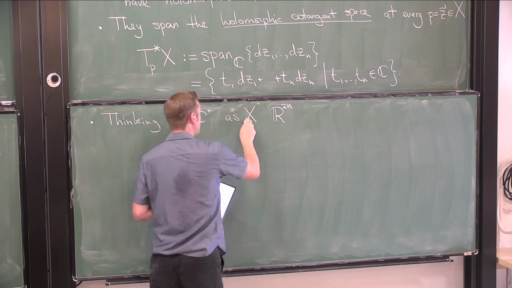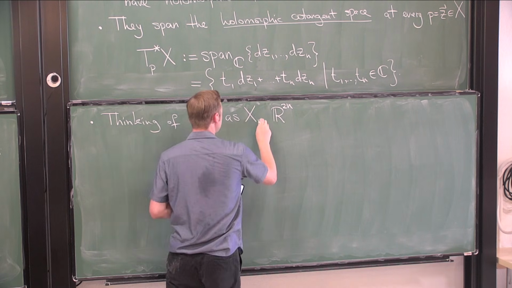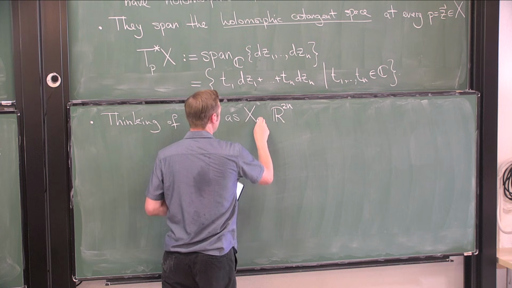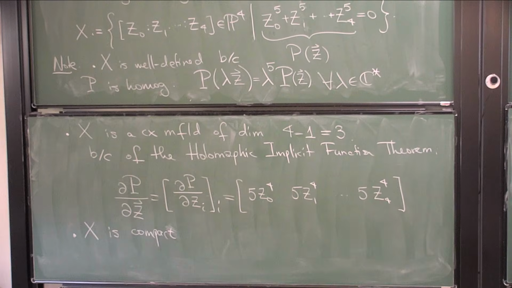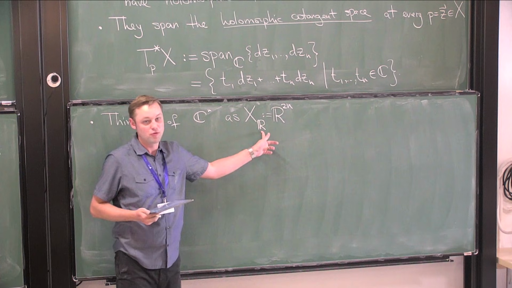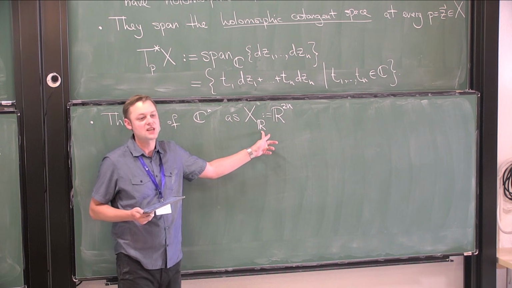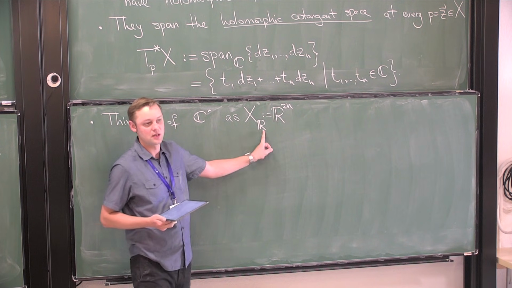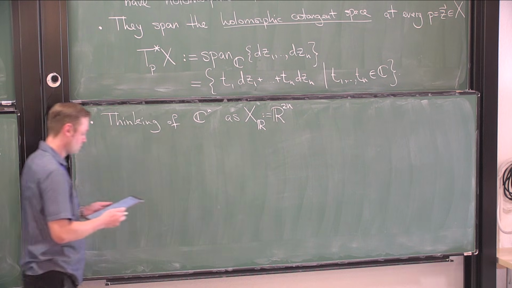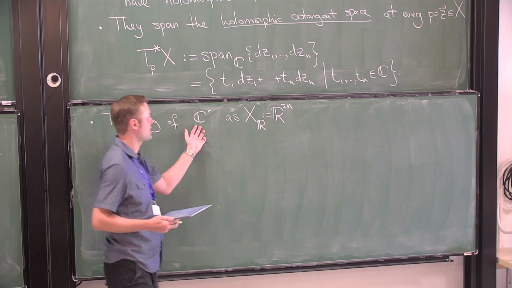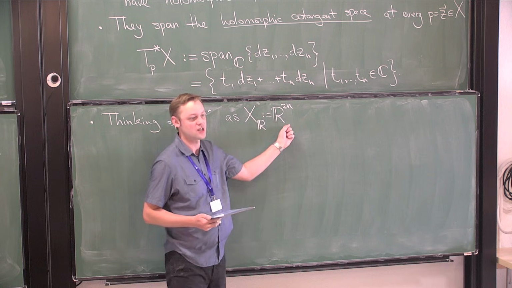This is notation that I will reuse several times. When I'm looking at a complex manifold called X and I want to look at the underlying real manifold, forgetting about the complex structure, I will put this little subscript R on it. Just like here, we have C^n, but if we forget about the i, then it's just R^2n.